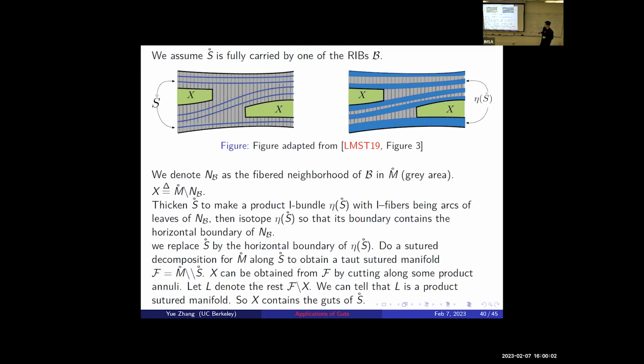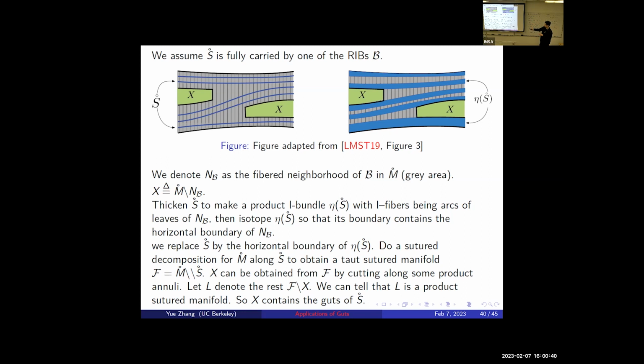So on the left, the gray area: we assume S circle is fully carried by one of the IBs B, and the gray area in the left figure is the fiber neighborhood of the branch surface, and X is the complement, and S circle is the blue curve.